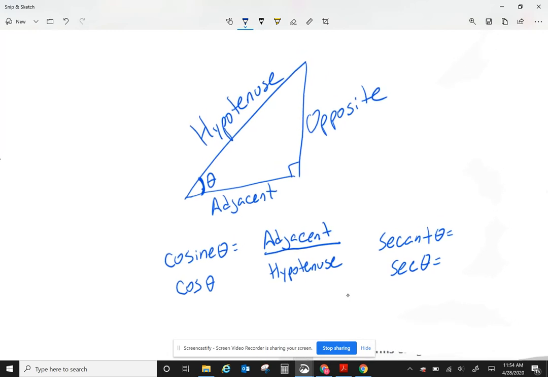So what that means, I'm just going to go hypotenuse over adjacent. So for today's work, I need the adjacent side and I need the hypotenuse. For cosine, I'm going to go adjacent over hypotenuse. And for secant, I'm going to go hypotenuse over adjacent. So once again, cosine is adjacent over hypotenuse. Secant is hypotenuse over adjacent.